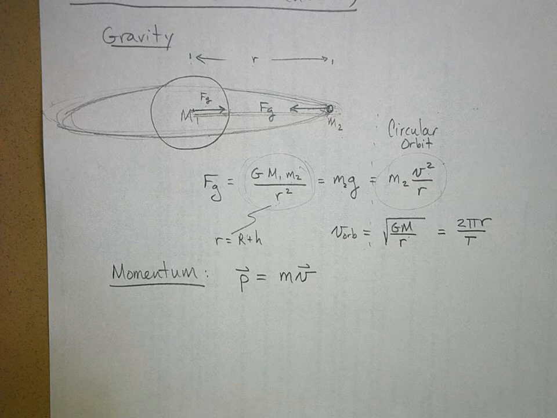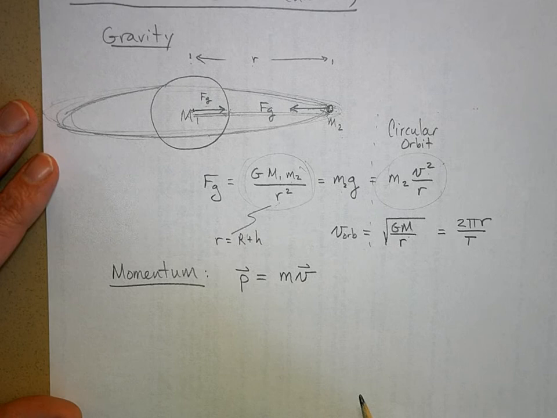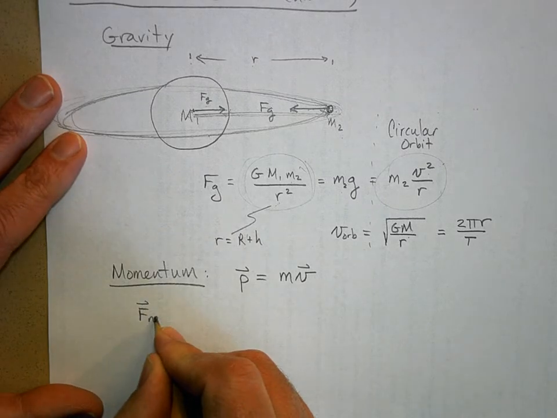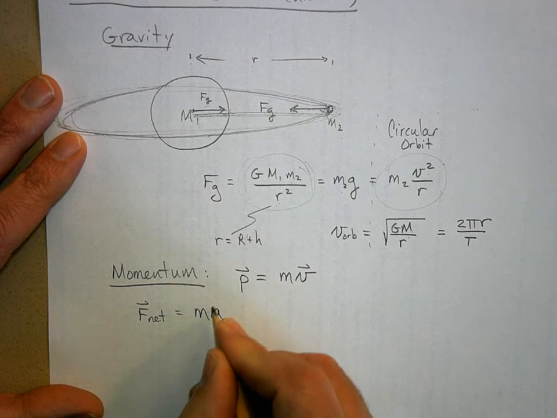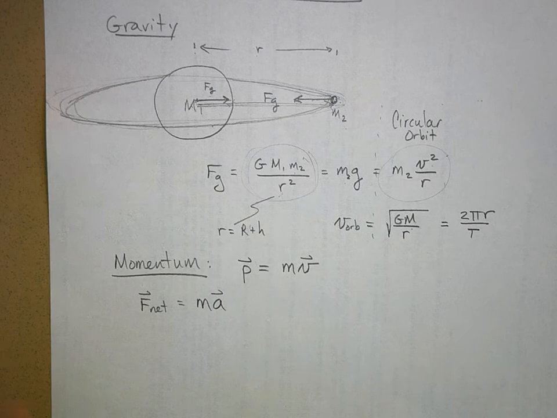Okay. Well, where did this definition come from? Well, it came from Newton's second law. Remember that we said that the net force acting on an object is equal to an object's mass times acceleration. Now in this class we're going to assume that the force is constant and everything is constant over time.